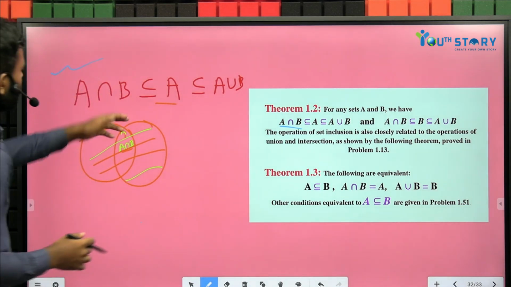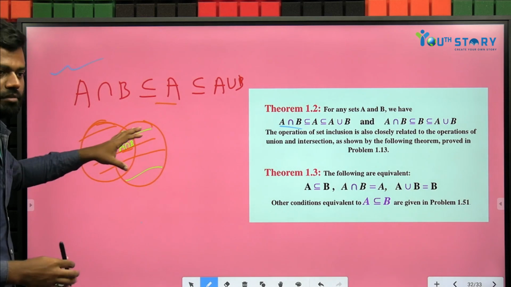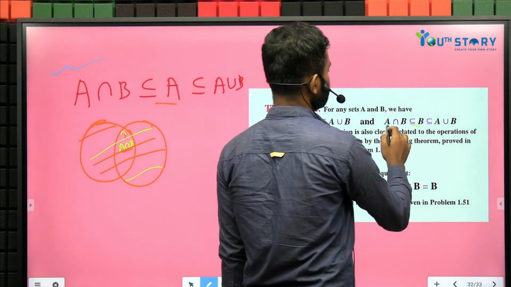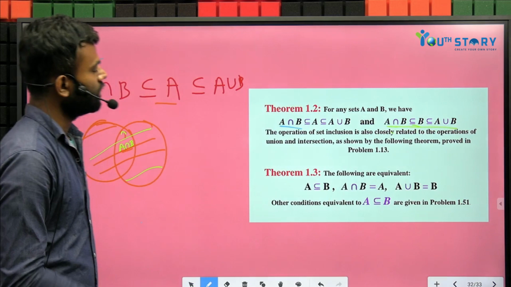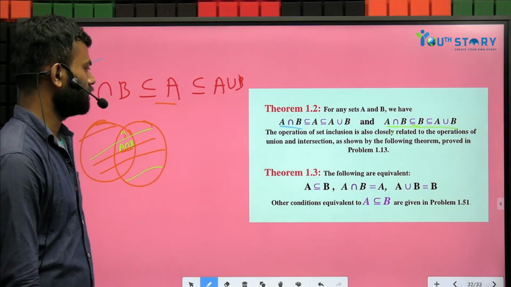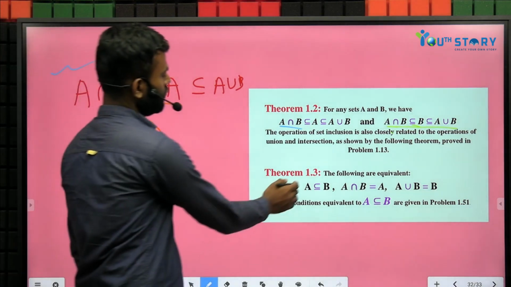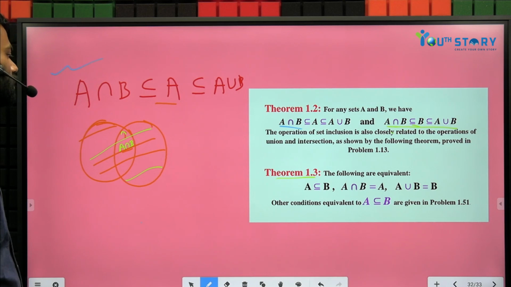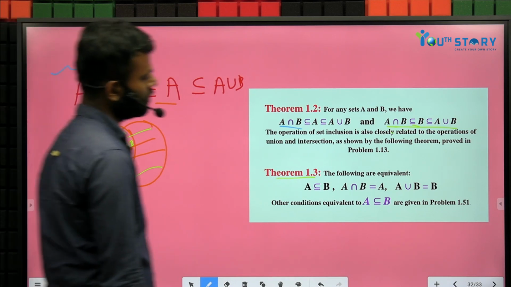So A is also a subset of A union B, and similarly we can write this chain: A intersection B subset of B, and B subset of A union B. Now the theorem says that the following are equivalent: A subset of B, A intersection B equal to A, and A union B equal to B. The other conditions we will see in problems later.